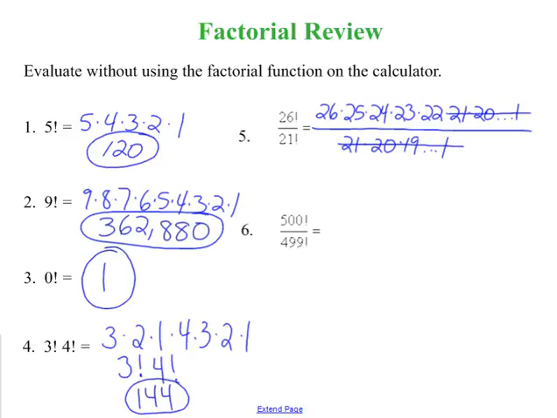You could enter that into your calculator and get your answer. Or, of course, you could enter 26 factorial into your calculator divided by 21 factorial. In either method, you'll come out with the same answer, $7,893,600.